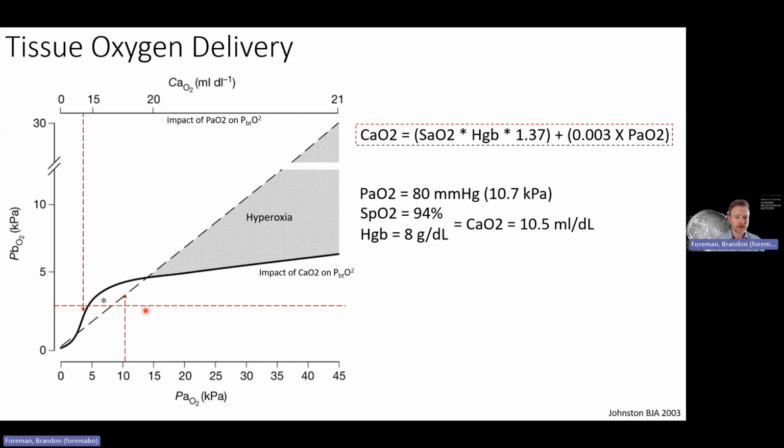It might be 8, and it's only saturated 94% because you've got your vent at an FiO2 of 21%, preserving their saturation according to normal guidance in the ICU, right? But that would predict a PbtO2 that's actually less than 20 millimeters of mercury, which tends to be a sort of cutoff below which you consider the brain to have relative hypoxia.